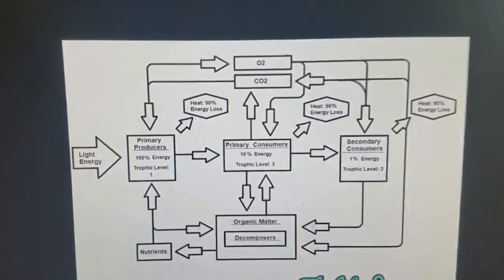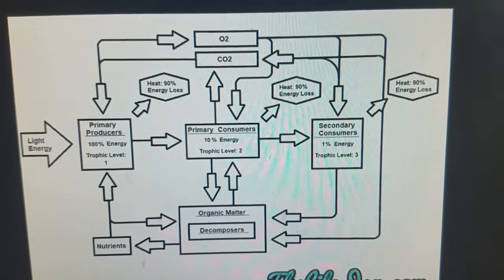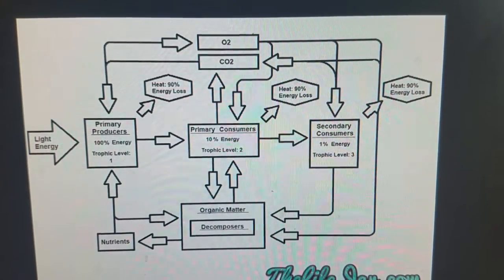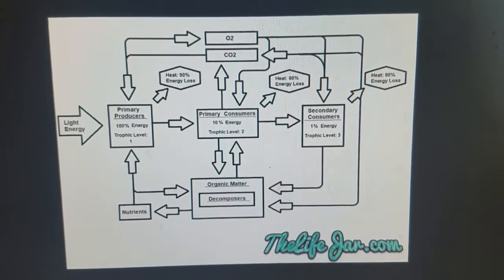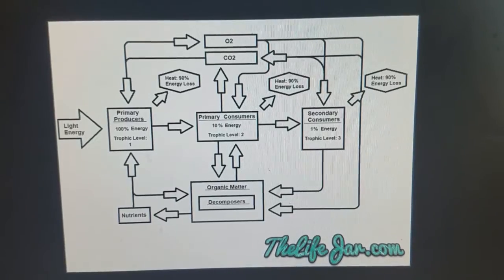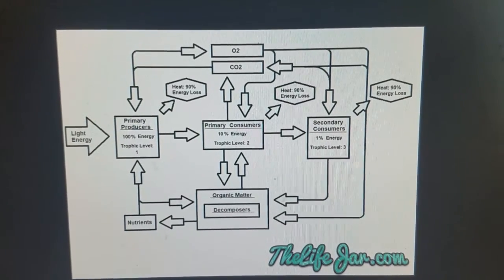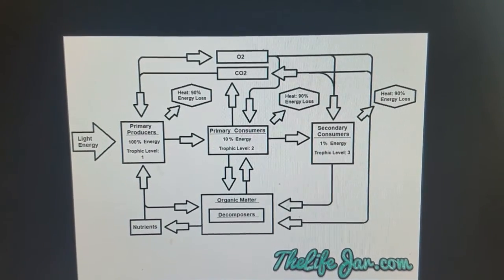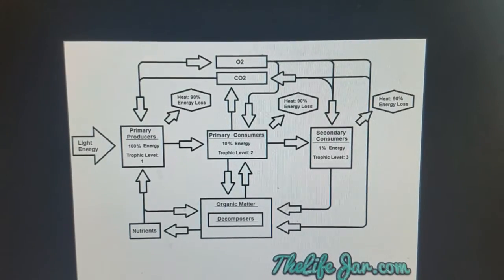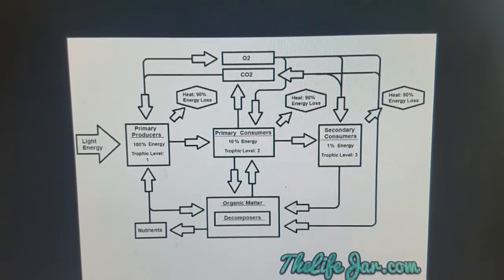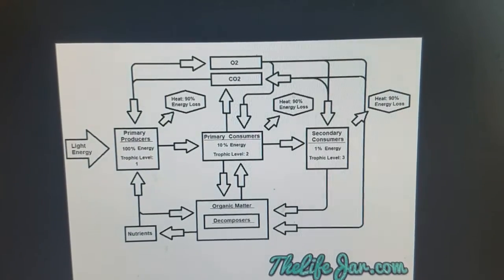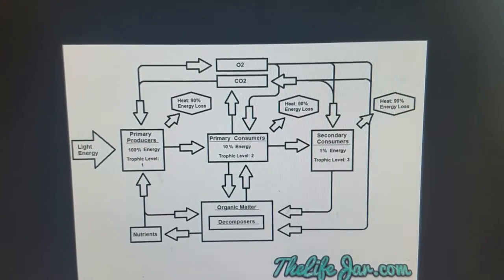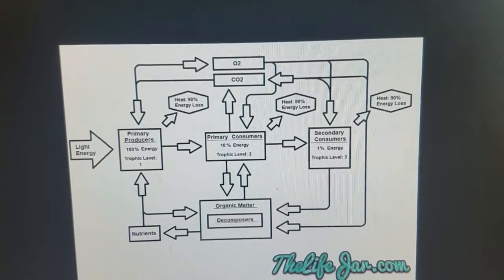Here's an ecological model I made of my aquariums, my little systems, to make it easier for customers to get an idea of what's going on. As you can see on the left, light comes in, goes to the primary producers, goes directly to primary consumers, secondary consumers, and then you can see the various flows of carbon throughout the system and basically energy as well.